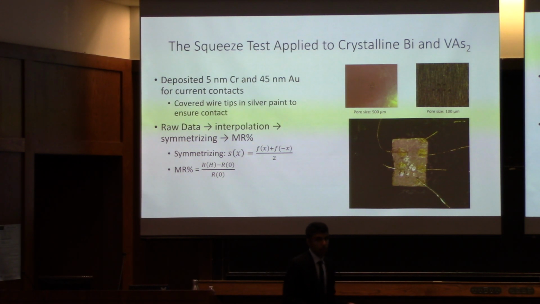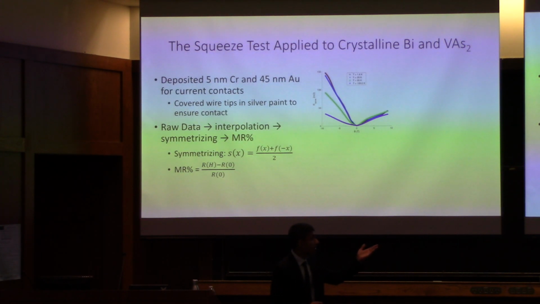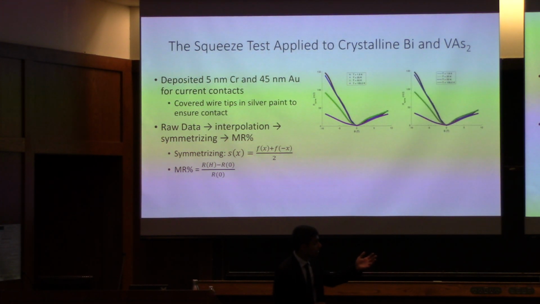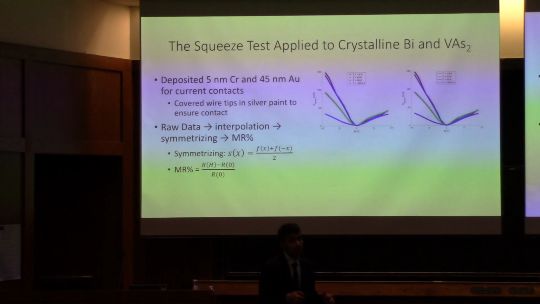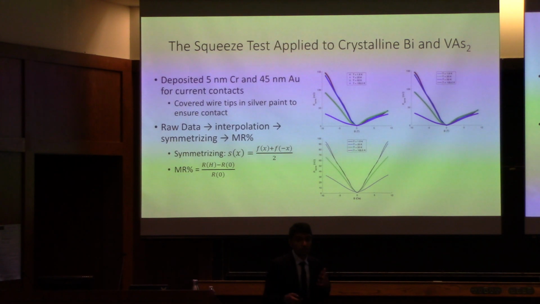Once we got our LMR profile for our raw data, we then interpolated between the points in order to get an approximation as to the behavior of our LMR. And then once we interpolated, we had to minimize any noise caused from the Hall effect, which is the production of a potential difference once our E field is not parallel to our B field.